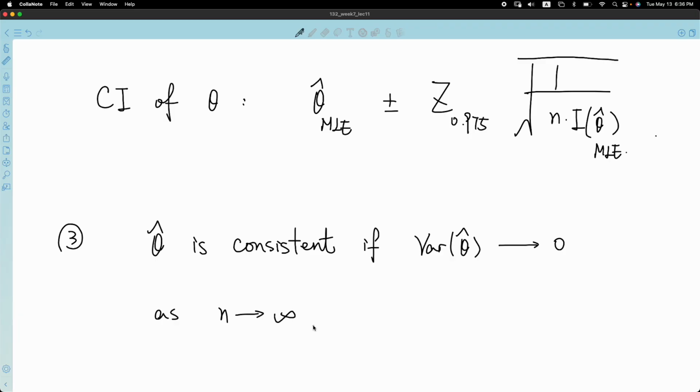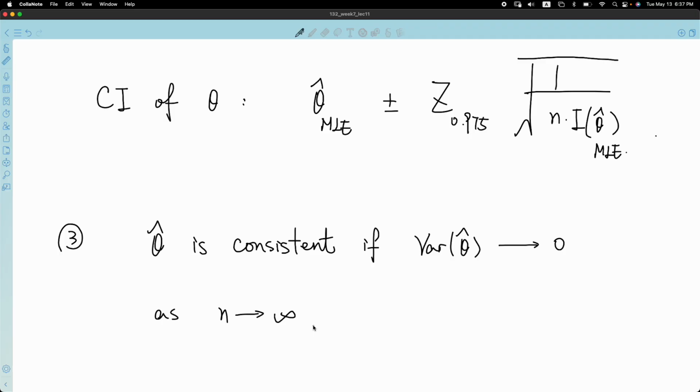This is another property; you can consider these as adjectives that you use to describe your estimator. You can describe it as unbiased, efficient, or consistent, as long as it satisfies these conditions.